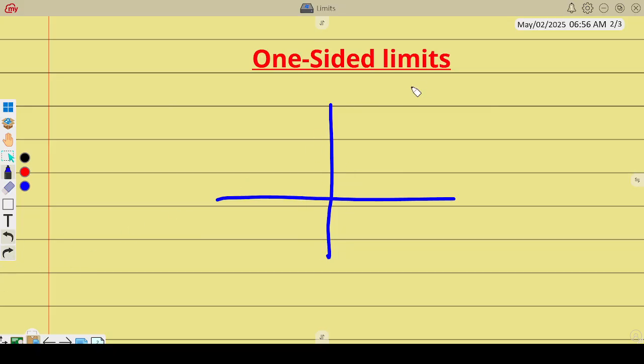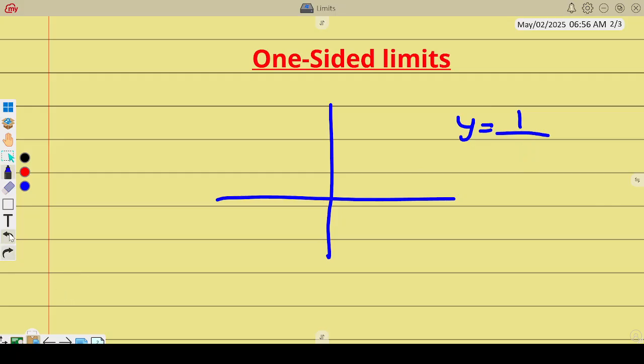So here, where do I start from with the one-sided limits? Okay, so let's say we want to plot the graph of y is equal to, what? 1 over x, for example.